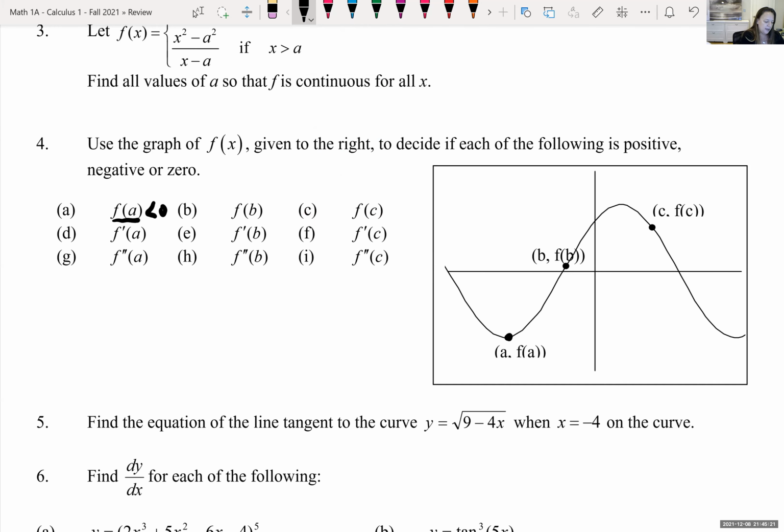For b, we're looking at f of b. Notice that it falls above the x-axis, and so that number I would get back would be a positive number. It's greater than 0. F of c is above the x-axis, and so that number is greater than 0.